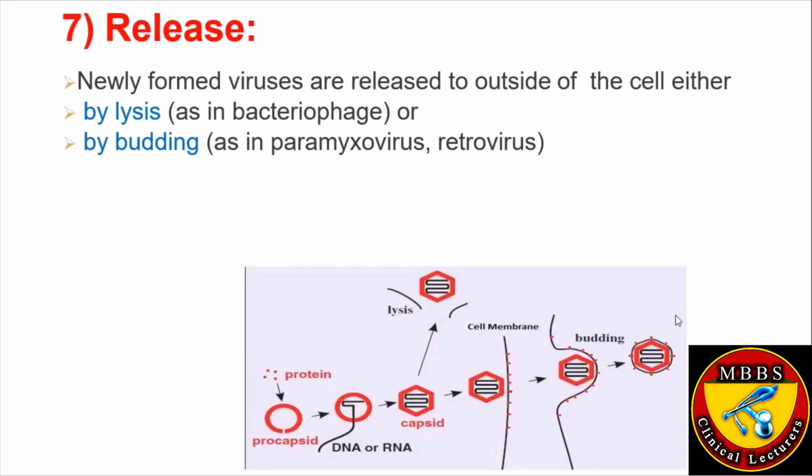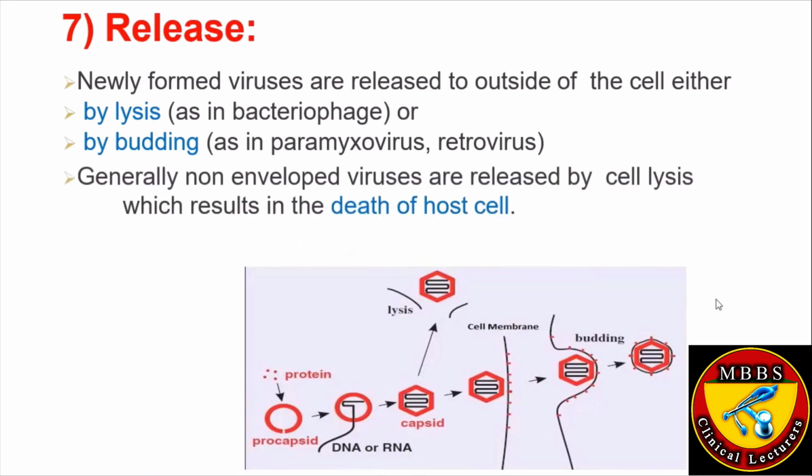Next, finally, the release. The newly formed viruses are released to the outside of the cell either by lysis or by budding. Generally, non-enveloped viruses are released by cell lysis, which results in the death of the host cell.